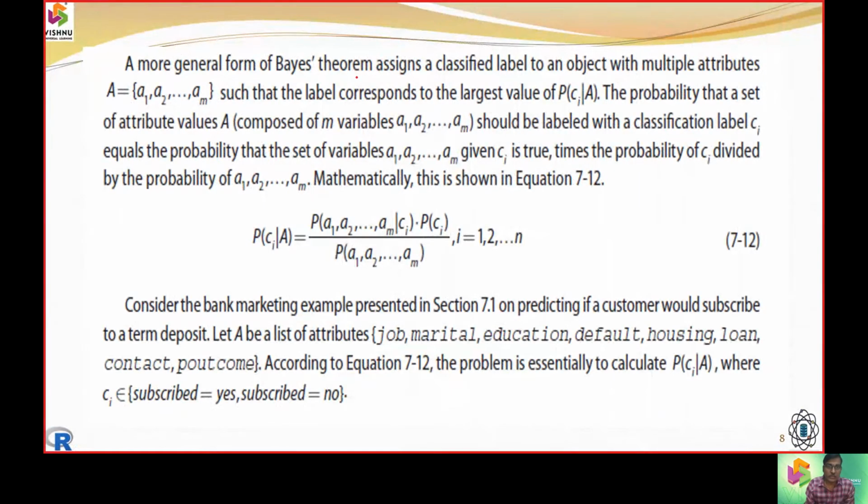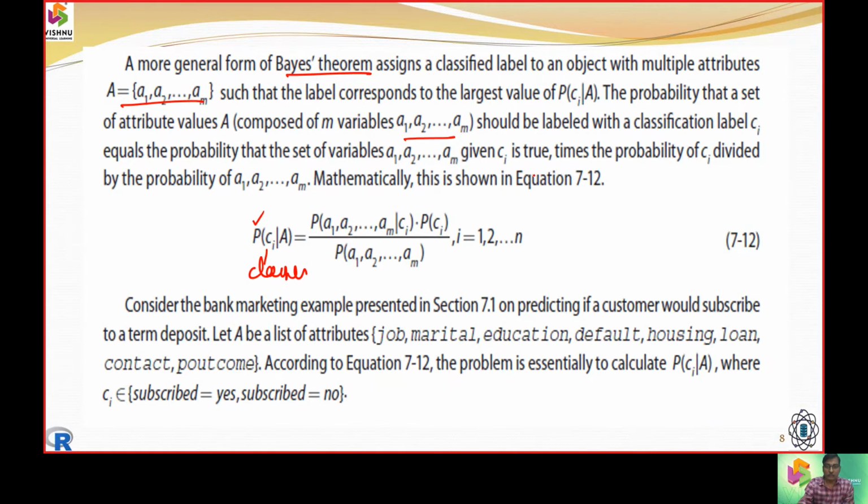There is also a generalized way of representing the Bayesian theorem. We have the attributes a1 to am, the probability called p, and c as the classes. Mathematically we can write a generalized equation for multiple attributes.